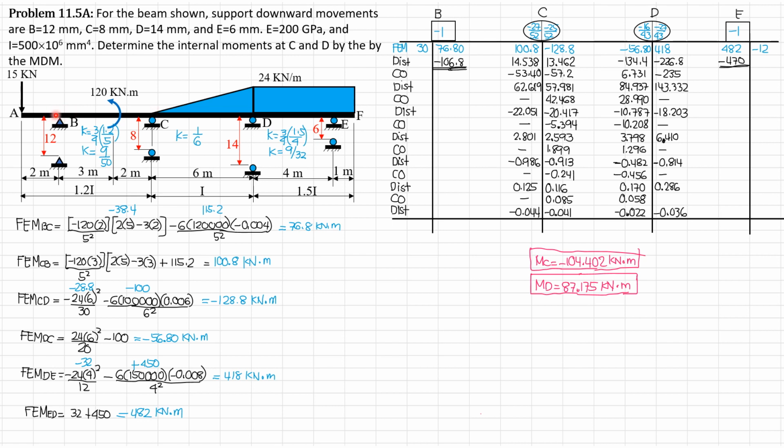But for BA, it is positive 15 times 2. So 30 kilonewton meter there. And the side sway moment BC, fixed moment BC is 76.8 kilonewtons.